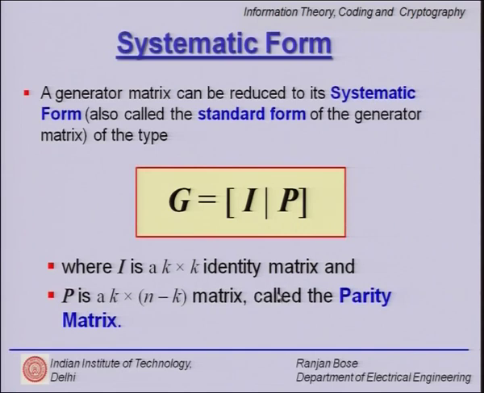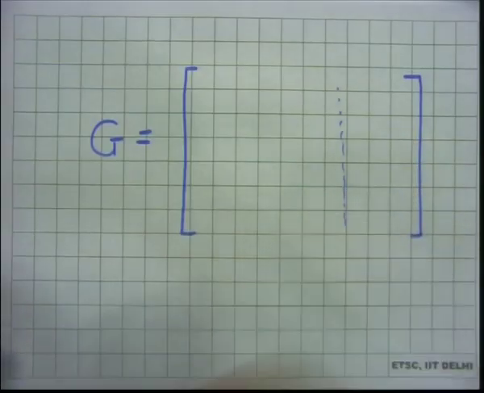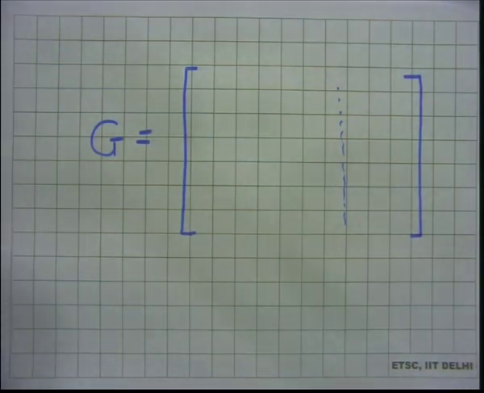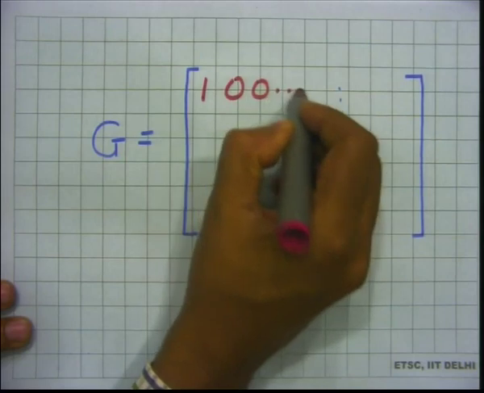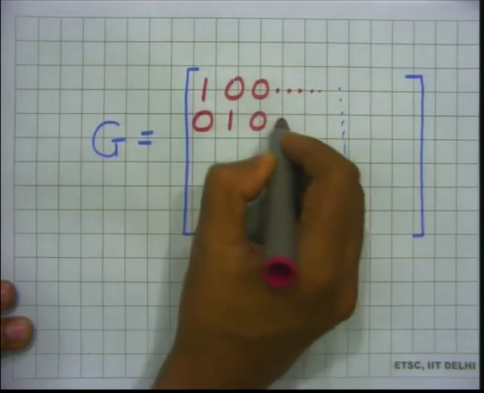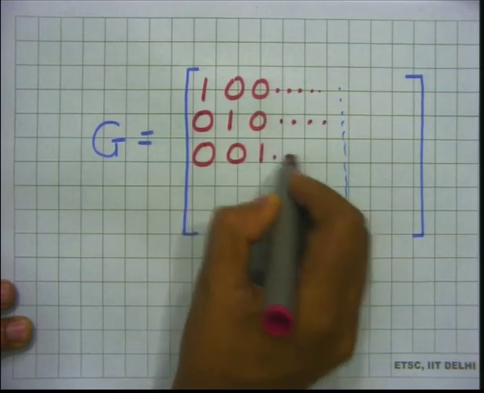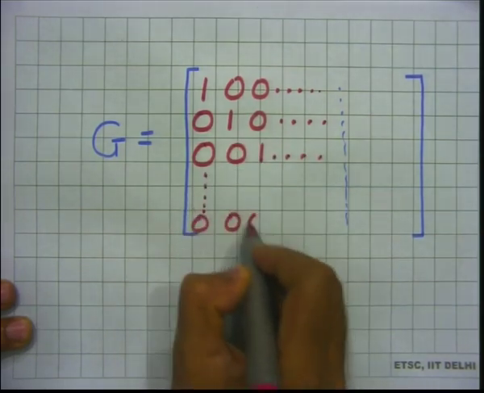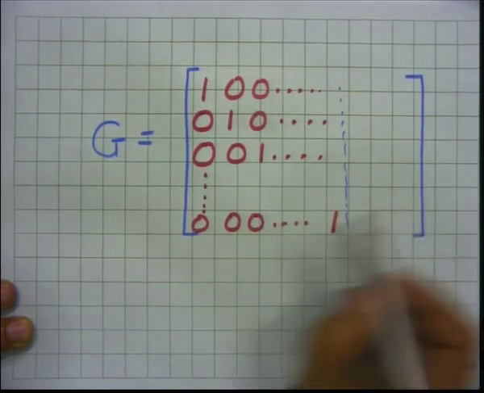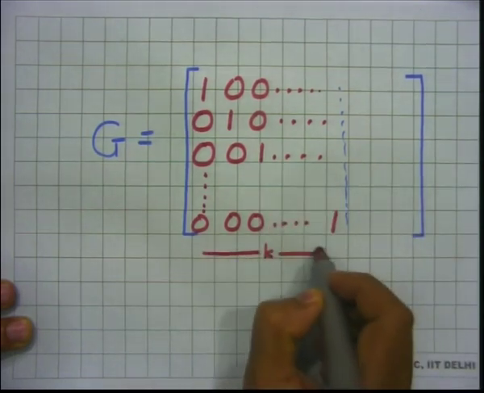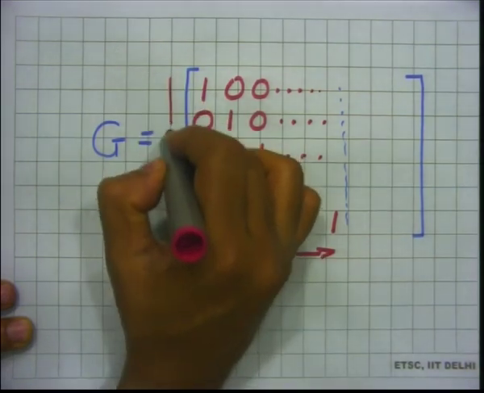So if you now go back to the drawing board and have a look, you have this G matrix which we now define in terms of an identity matrix first. So we have 1 0 0. So this is k and this is k.